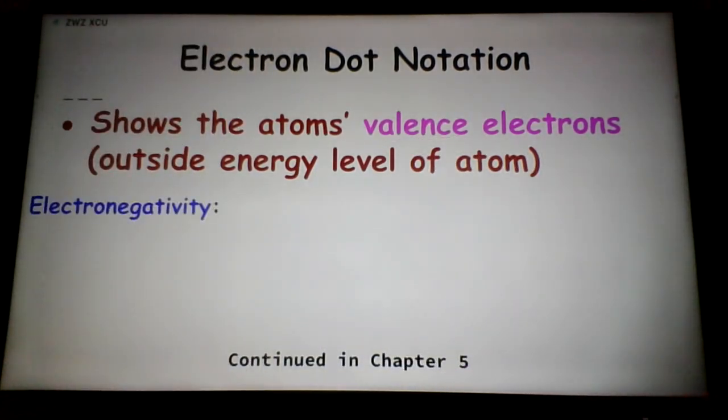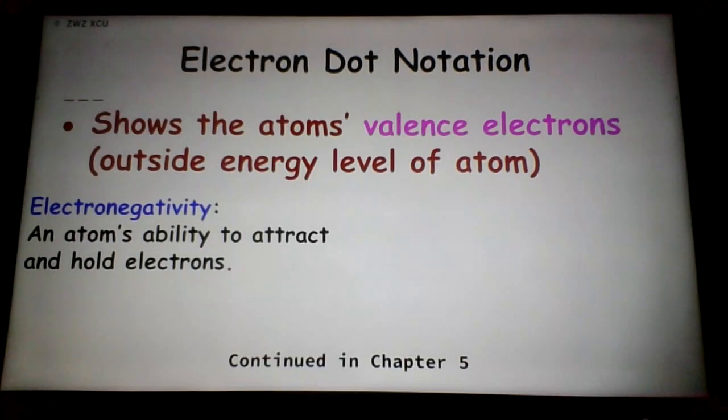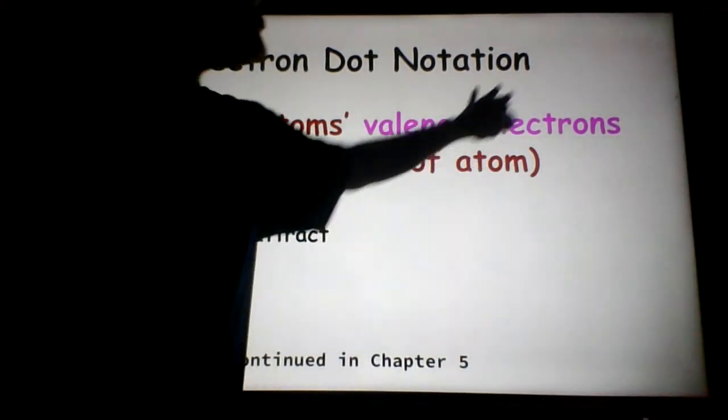We're going to work a lot more with this in chapter 5, but just show you what that is, a definition right now. Here's a fancy word with a simple meaning, electronegativity. Well, again, it seems like a big fancy word. Well, electrons are negative. All that means is an atom's ability to attract and hold electrons. Okay, an atom with high electronegativity, remember which kind of atom will add on more electrons? The nonmetals do, the ones on the right side.